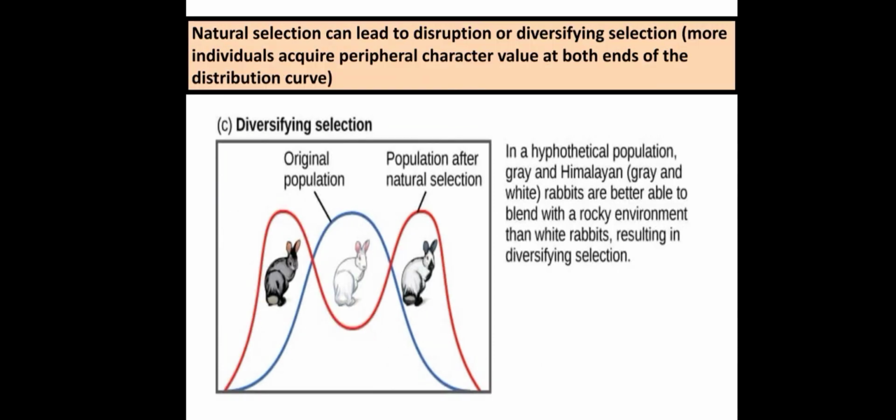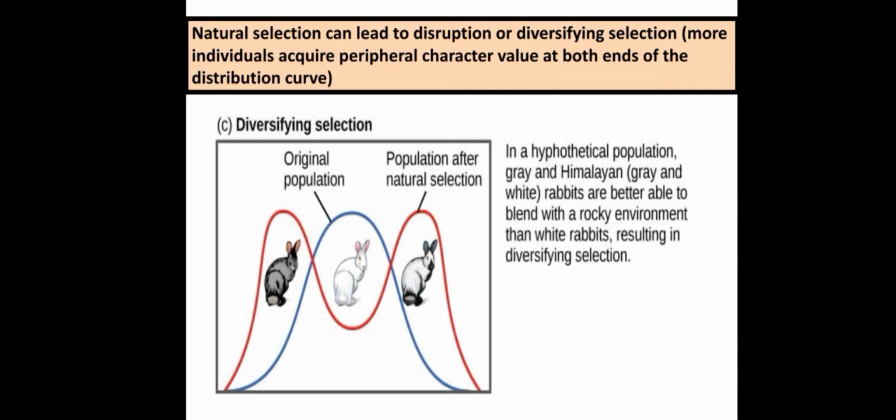The third way of natural selection can lead to disruption or diversifying selection. That means more individuals acquire peripheral character value at both ends of the distribution curve.